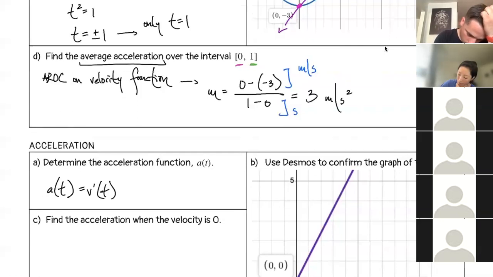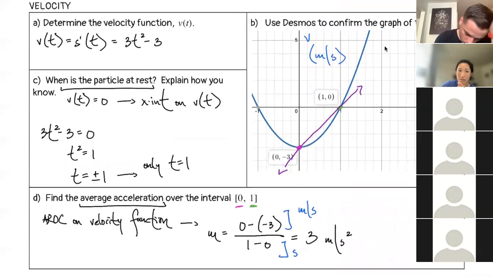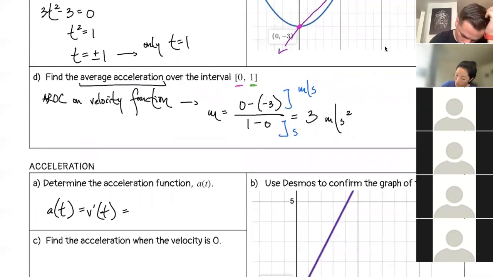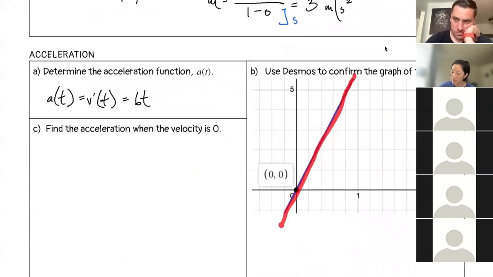Since our function was 3t squared minus 3, when we take that derivative, we get 6t, just using the power rule. We've got a graph here, slope of 6, y-intercept of 0. The last question we're going to answer today is this: find the acceleration when the velocity equals 0.